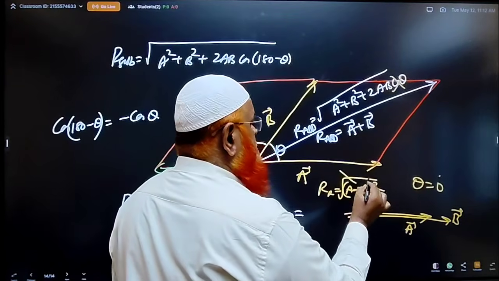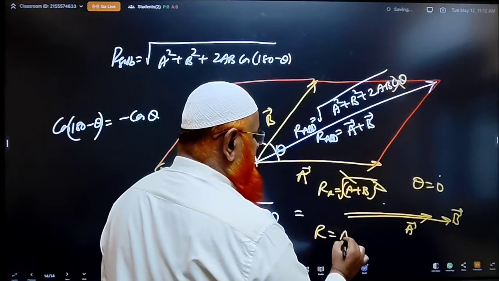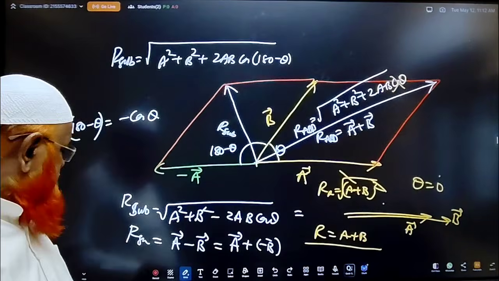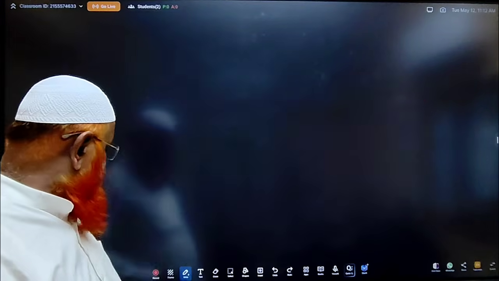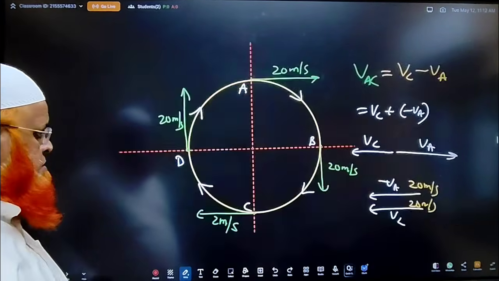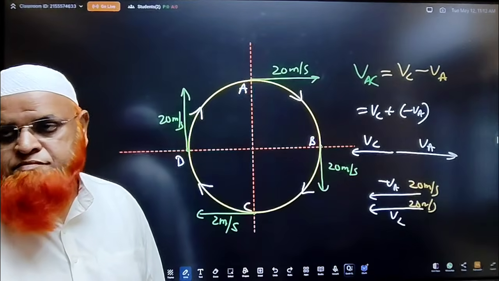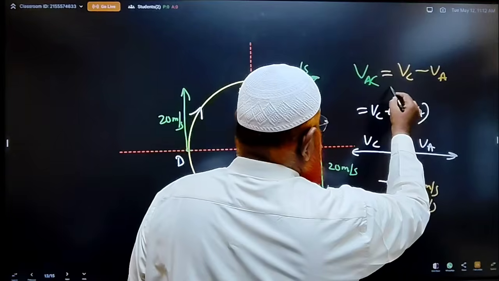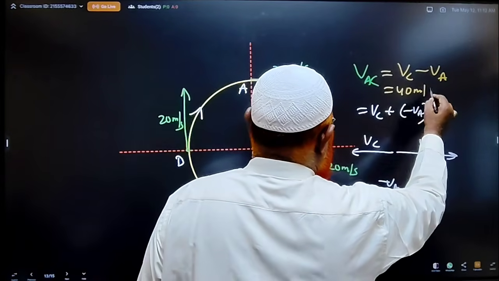Under root, the square goes, which is nothing but A plus B, ordinary addition. So your answer is 40 meters per second.